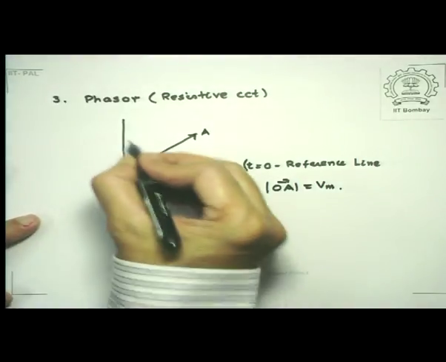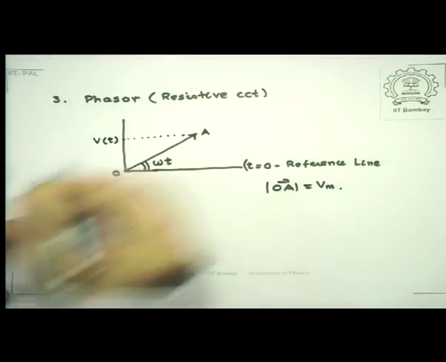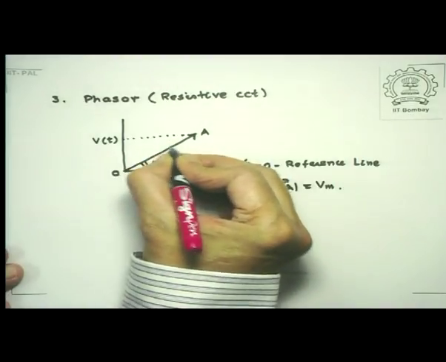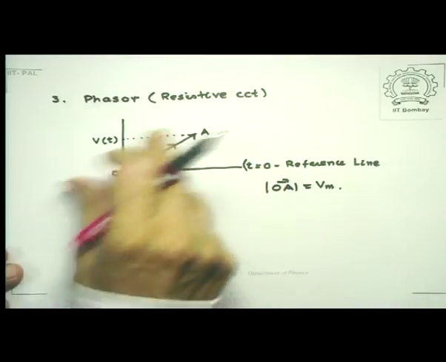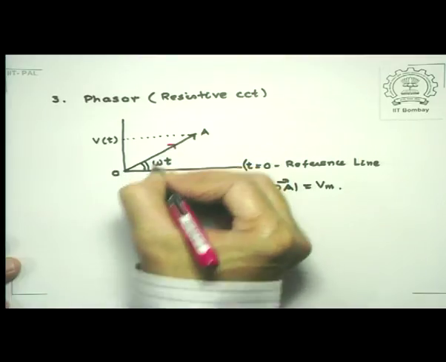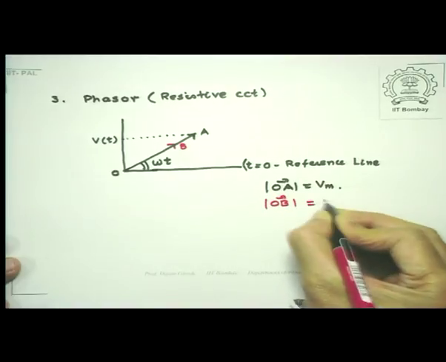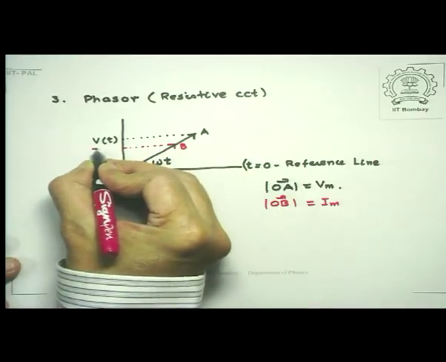and therefore if you take the projection along the y-axis of this quantity, this gives you the instantaneous value of the voltage. Now since the current is in phase with the voltage, and the current and voltage are measured in different units, in whatever scale we measure I, supposing this is OB, the magnitude of the current amplitude, then if you take the projection along the y-axis, this gives you I of t.